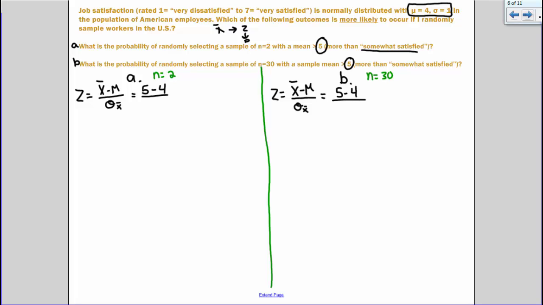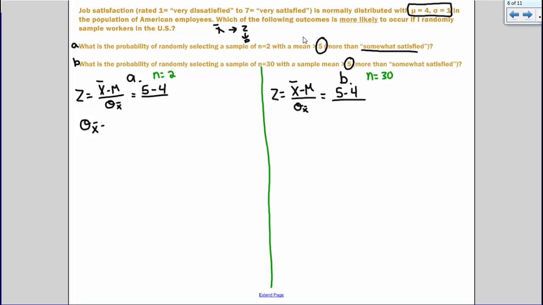And at this point, you should be able to tell me which z-score you think is going to be larger. Think about it. That's the same thing as me asking which standard error is going to be smaller, right? So the larger sample size is going to give us the smaller standard error and a larger z-score. But let's go ahead and solve for this just to confirm that.